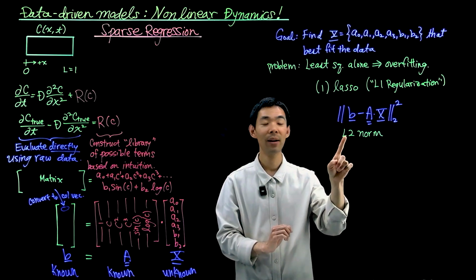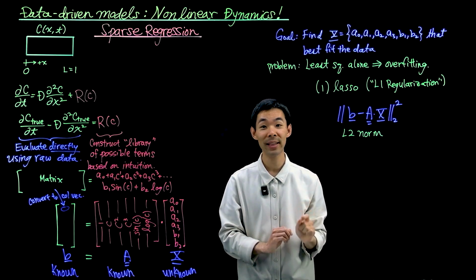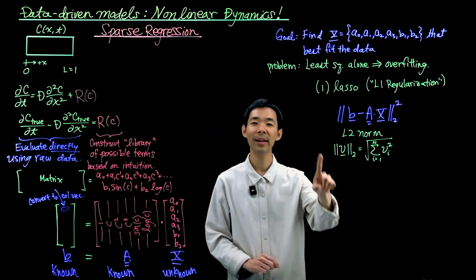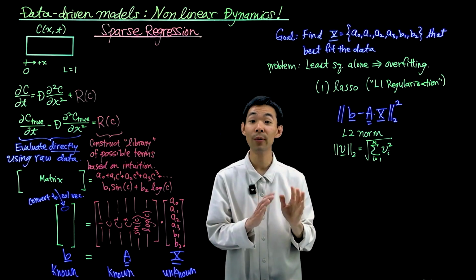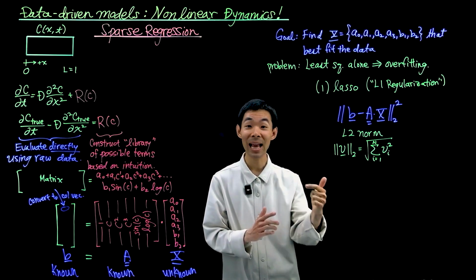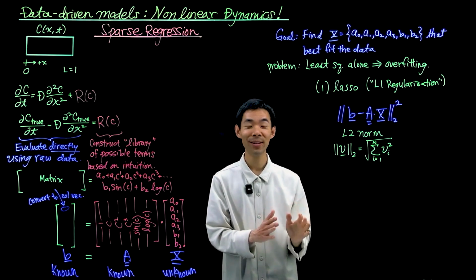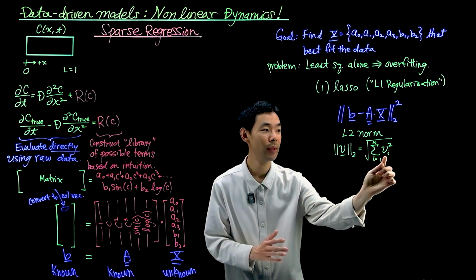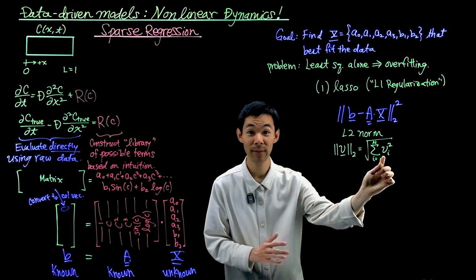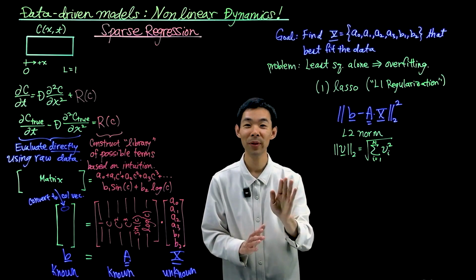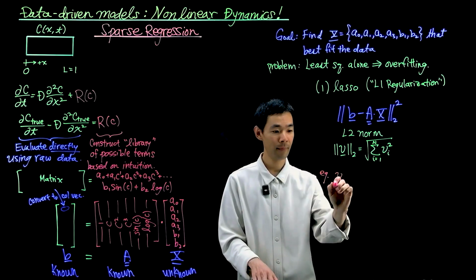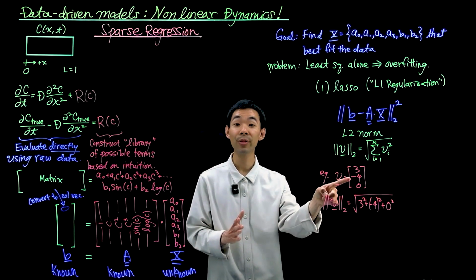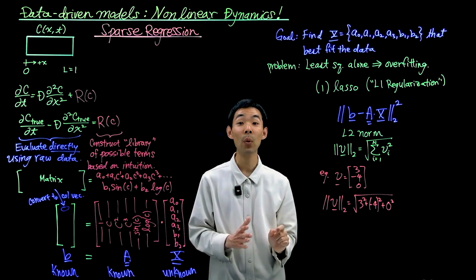First, let me define what an L2 norm is by showing you an example. The L2 norm is defined in this way. Suppose I have some vector v containing n entries. What you're going to do is take the square root of the sum of each of the entries squared. Let me show you a specific example. Suppose you had a vector v, which had 3 entries: 3, -4, and 0.